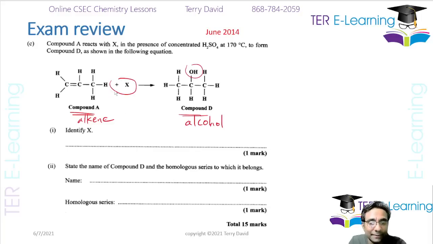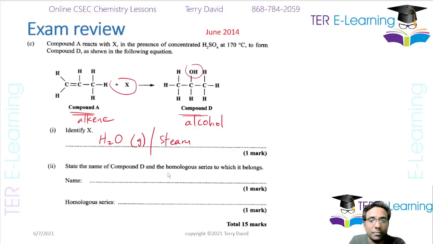What am I adding there, right? So compound X, right? When you convert an alkene into an alcohol, basically what you're adding here, you are adding water or you're adding steam, right? So you can put this H2O gas, right? Or you can say steam, right? That is how we convert compound A into compound D, right?